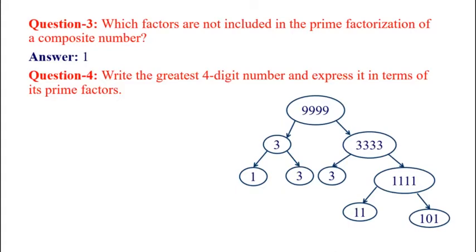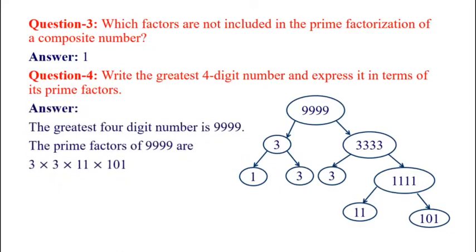Again 3333 can be factorized as 3 into 1111. Again 1111 can be factorized as 11 into 101. So, the greatest 4-digit number 9999 can be factorized as 3 into 3 into 11 into 101.